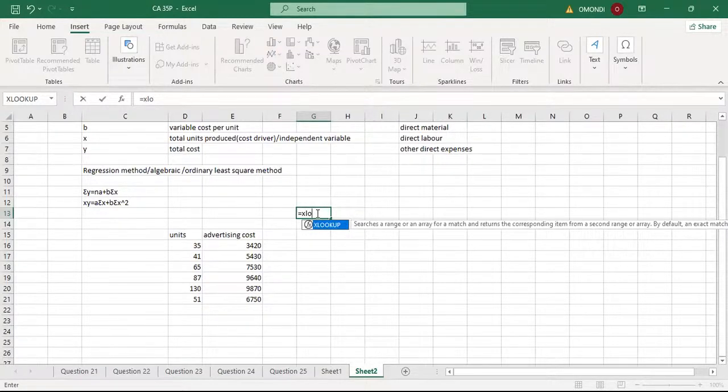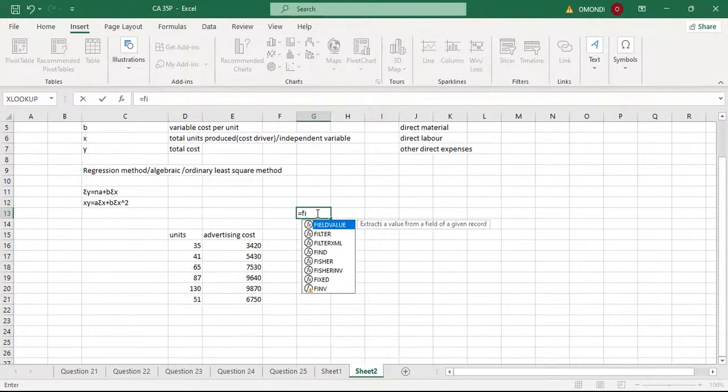If you find it, you have either the 2019 or 2021 version. That's the XLOOKUP function.